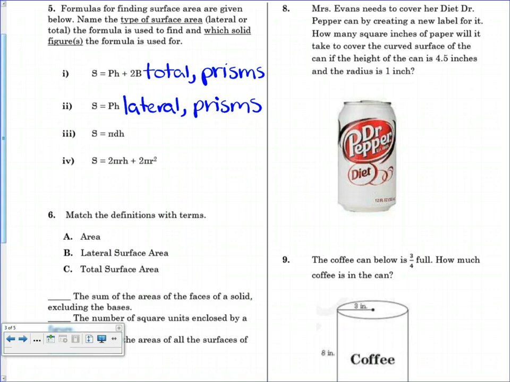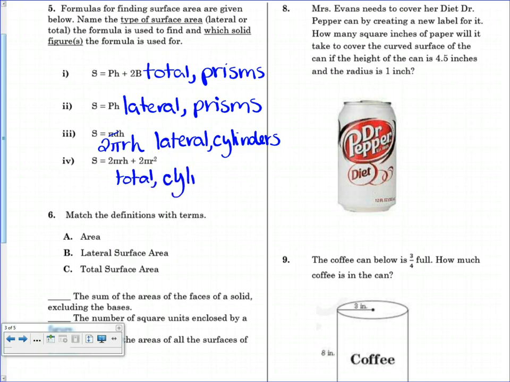Surface area equals pi times the diameter times the height. Pi times diameter is the same as 2 pi times the radius, and then times the height. So 2 pi r h, that's lateral. This time for cylinders. And then number 4 is total, also for cylinders.